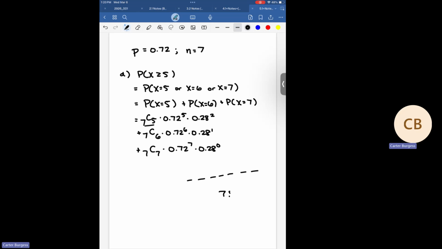So 7 factorial ways to arrange 7 objects, dividing out the 5 factorial successes that are going to be the same, dividing out the 2 factorial failures that are interchangeable.